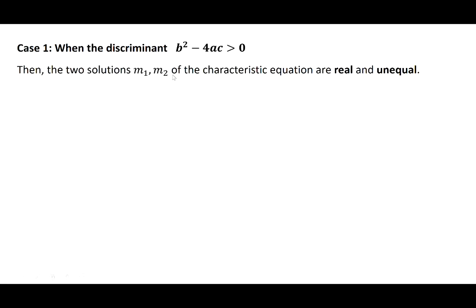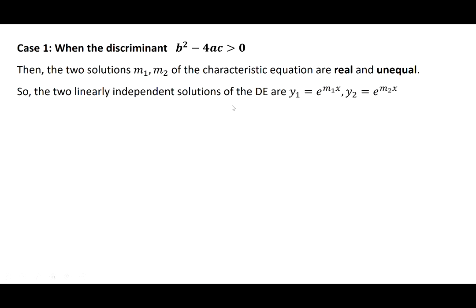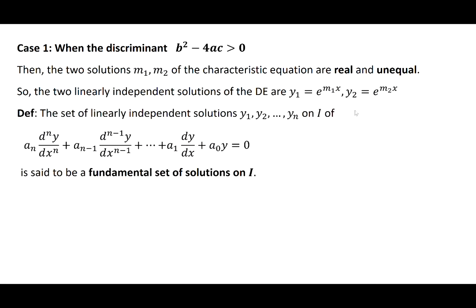Then the two solutions m1 and m2 of that characteristic equation are real, and they are guaranteed to be unequal, because one would be negative b plus square root of b square minus 4ac, and that square root will be some non-zero number, and the other would be negative b minus square root of b square minus 4ac all over 2a. So the two are real and unequal, and in that case, yes, e to the m1x and e to the m2x are linearly independent solutions.